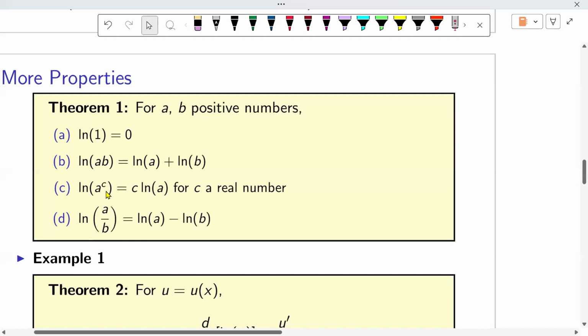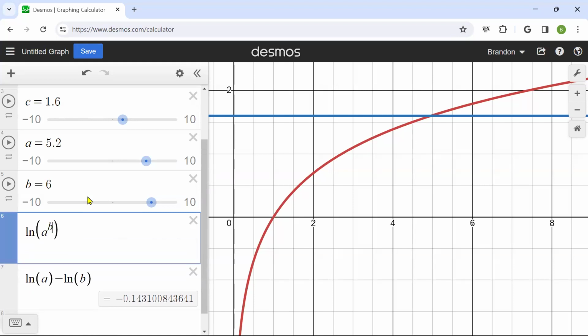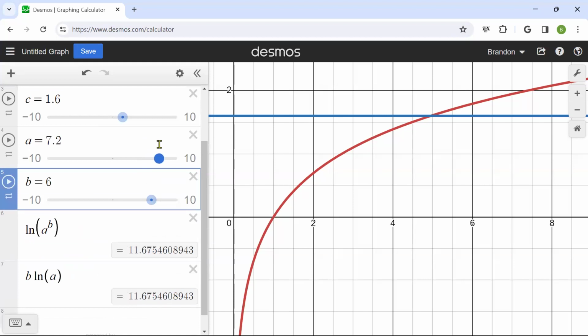Okay, the last of these identities that we should mention is this one, that the natural log of a to the c is c times natural log of a, as long as c is a real number. And so maybe instead of a to the c, I'll do a to the b here. Again, you can see that it doesn't really matter what my a and b are.